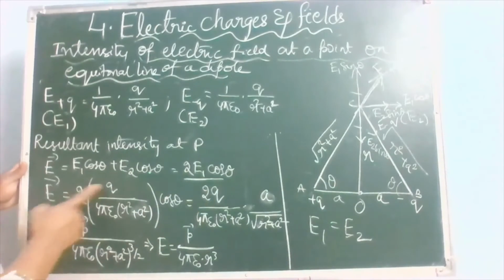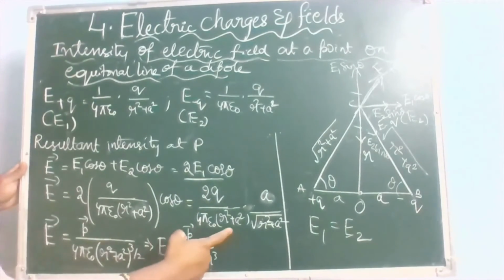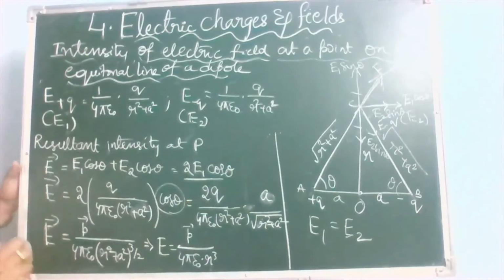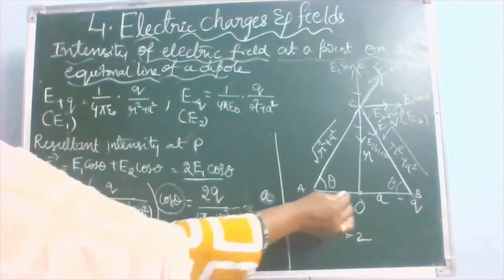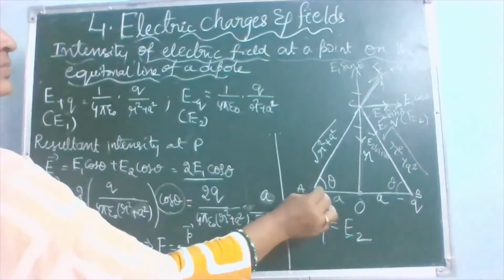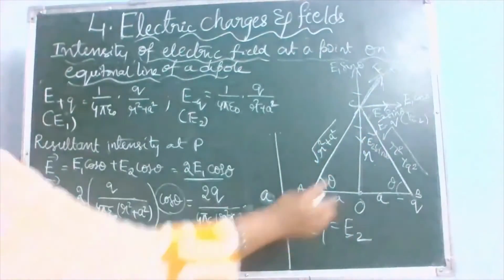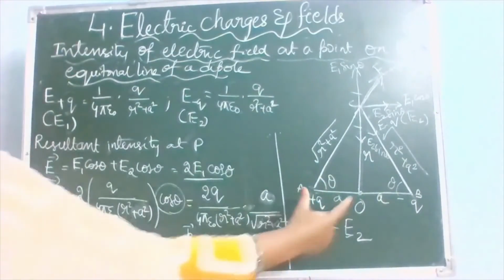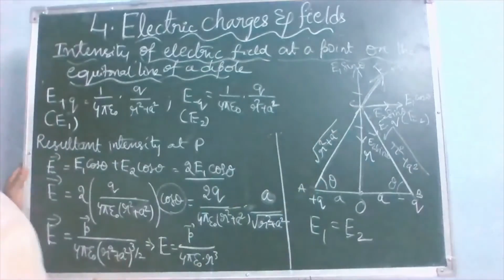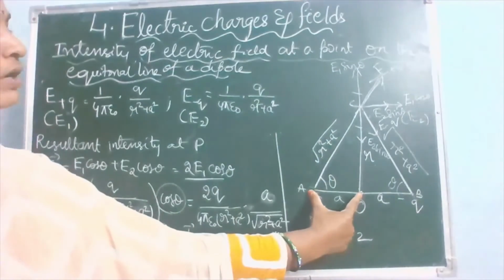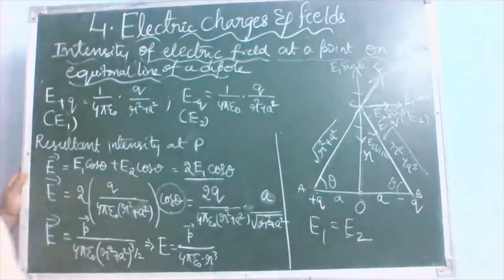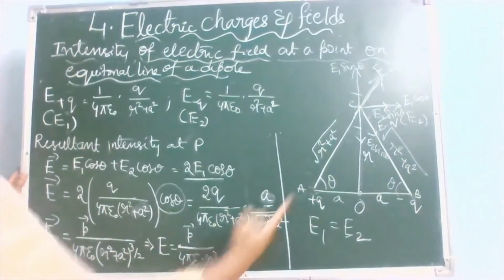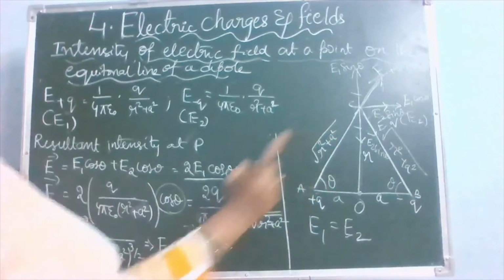So that is equal to 2 into Q by 4 pi epsilon naught into R square plus A square, into cos theta. What about cos theta? If we take this triangle AOC, cos theta equals the adjacent side AO by the hypotenuse. The adjacent side AO equals A, and the hypotenuse equals root over R square plus A square.